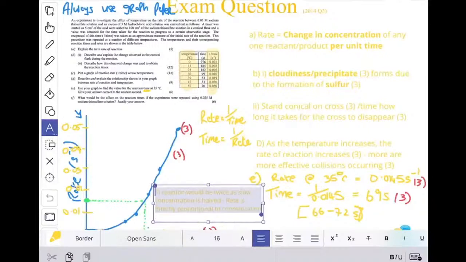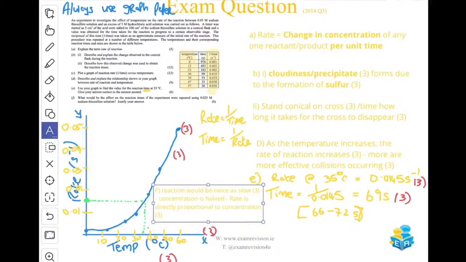And when it comes to marks, there are 3 marks for the first part saying the reaction would be twice as slow, and then 3 marks for your justification. So that is a full exam question on rates of reaction, and as you can see from earlier in the session, it is quite common that these come up.